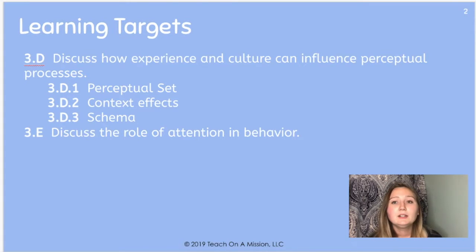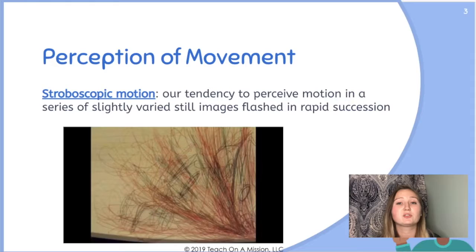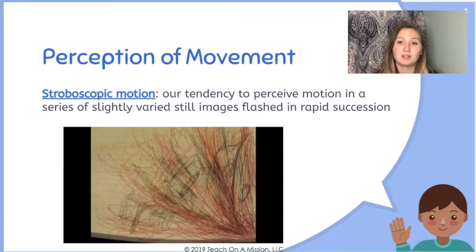All right. The first type of perception we're going to be talking about is the perception of movement. So we have what's called stroboscopic motion. This is our tendency to perceive motion in a series of slightly varied still images flashed in rapid succession.